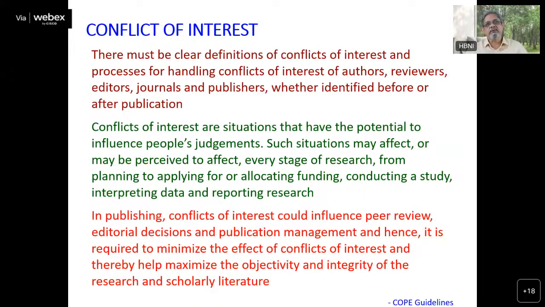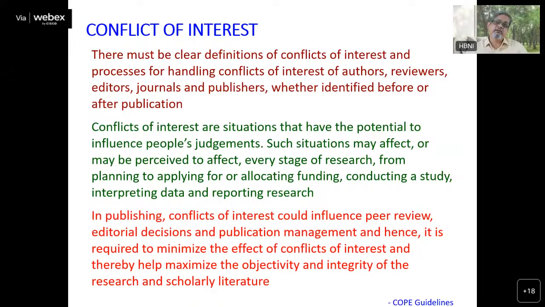Okay. So these are situations which have the potential to influence people's judgments. And such situations may affect or may be perceived to affect every stage of research, from planning stage to applying or allocating funding, conducting the research, interpreting the data, and also reporting the research.